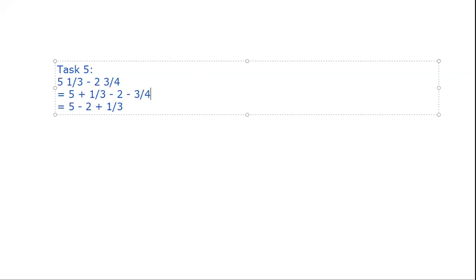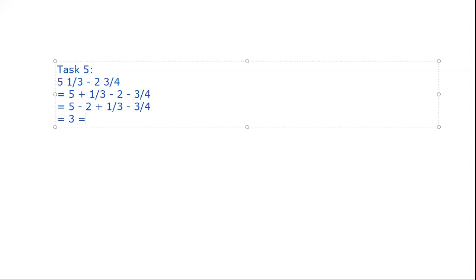Because you have to take away 2 and you have to take away the 3/4. And then you basically interchange. So that's commutativity in action. So you get 3 from the first part.